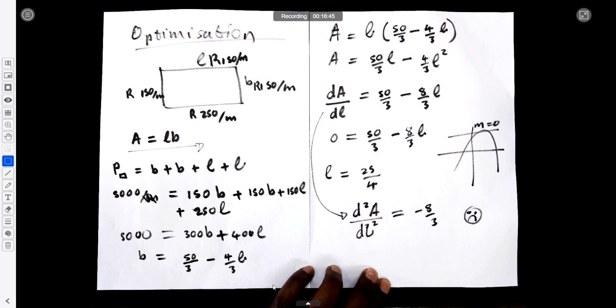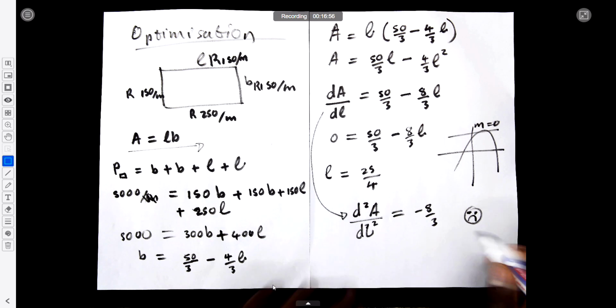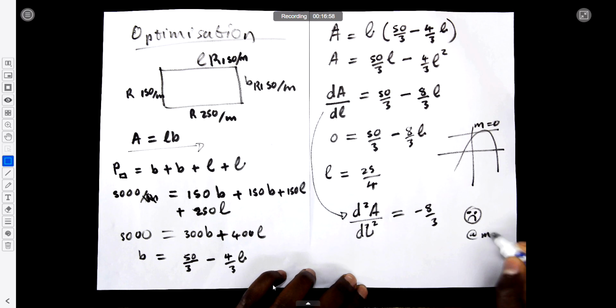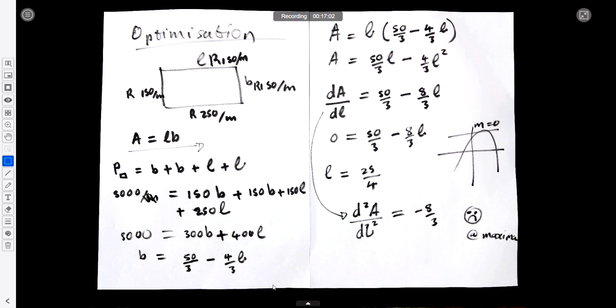So we see that we're at the maximum. It's true that this is the maximum length, so we cannot go further. Since there was no value to substitute, we're at the maximum. We want the maximum area.